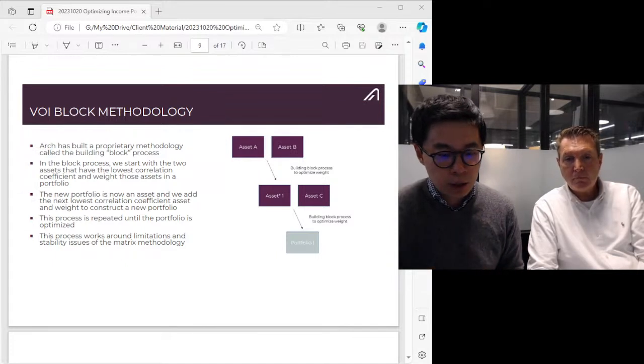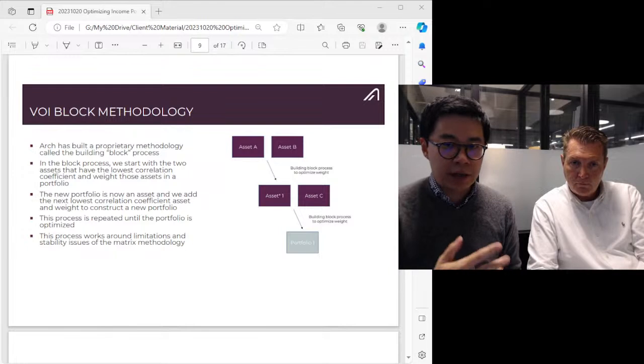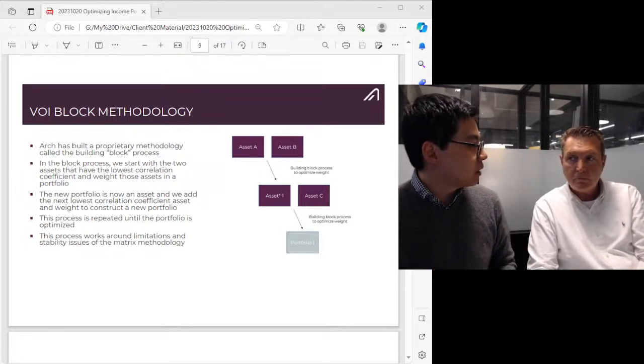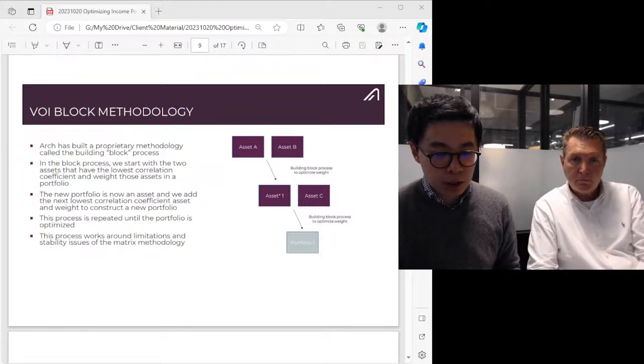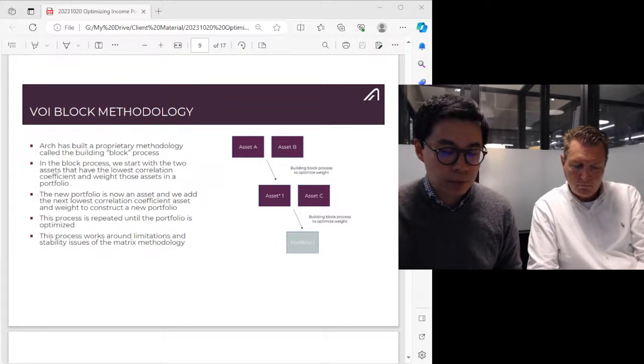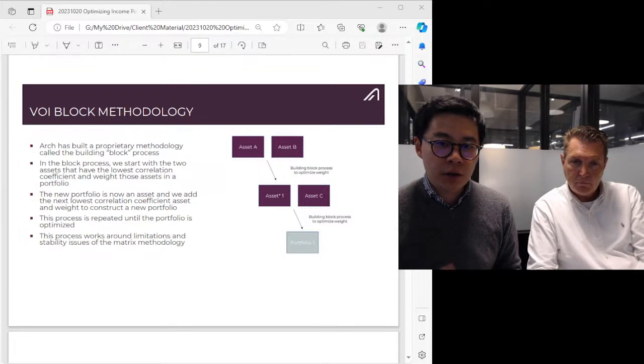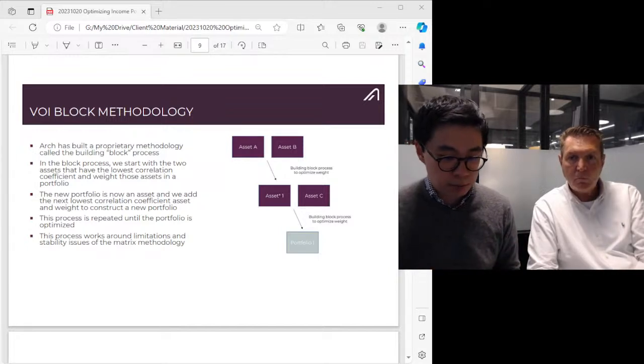What we do is we start with 2 of the least correlated assets, and we add in asset by asset until adding another asset does not either increase the output, using our income example, yield, or does not decrease volatility. That's when the portfolio reaches an optimal state, and we run this more than a few times to make sure the results work. So it's a very different construction process than a matrix optimizer, and it's really built on a derivative lattice framework.